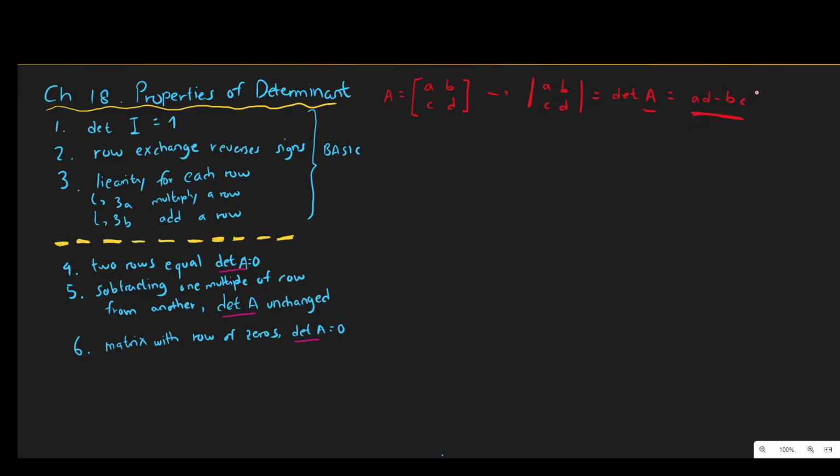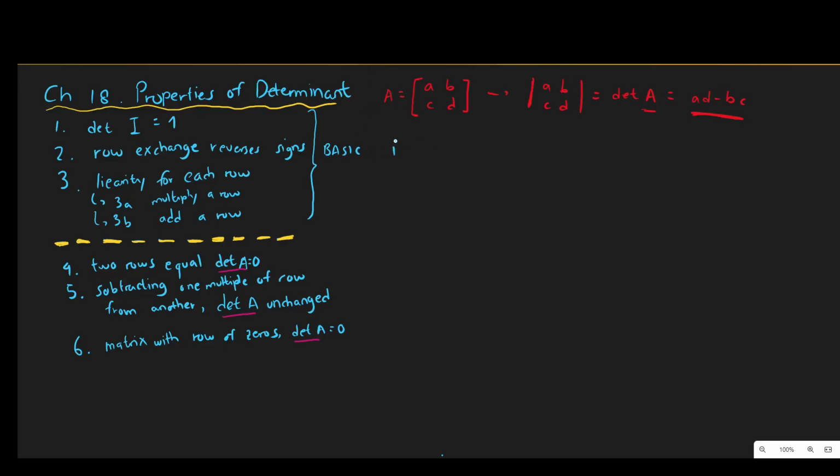Although right now we are not sure yet, we're just memorizing this formula without knowing where it comes from. Let me leave it here, and it will get clearer as I move forward in explaining all these properties. Okay, so let's start with the first one.